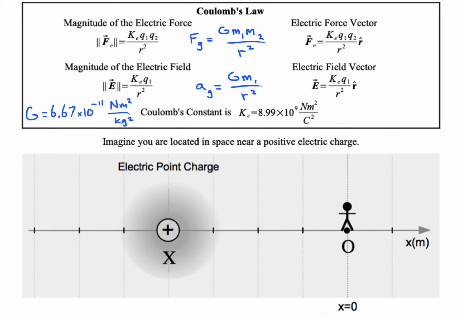So there are some strong similarities in the mathematics here. What we're going to do is calculate an electric field strength using this law. So let's try that now.